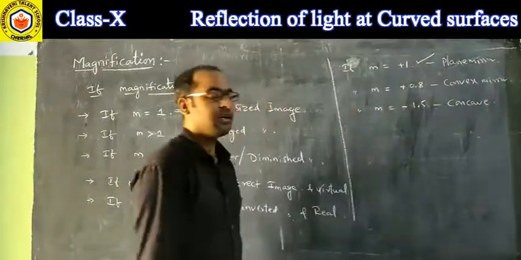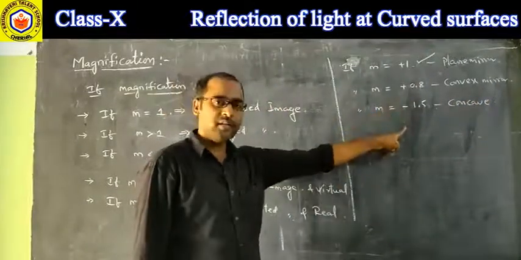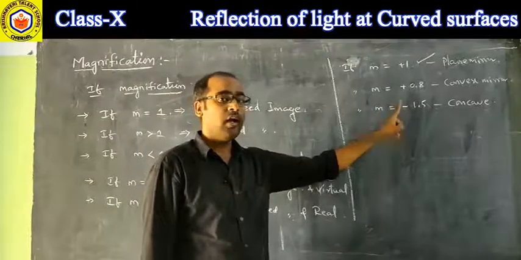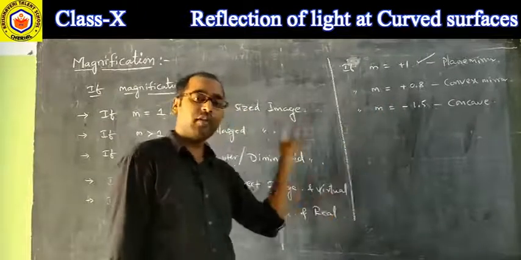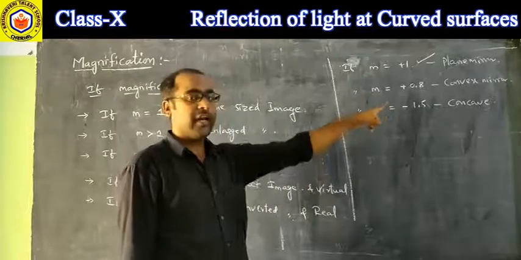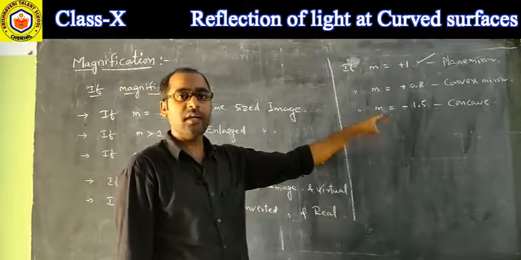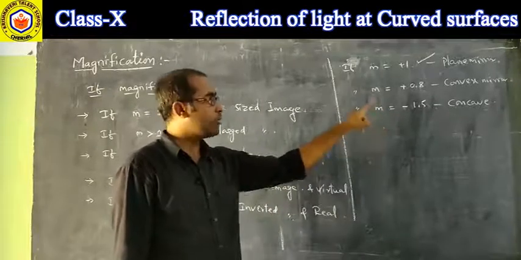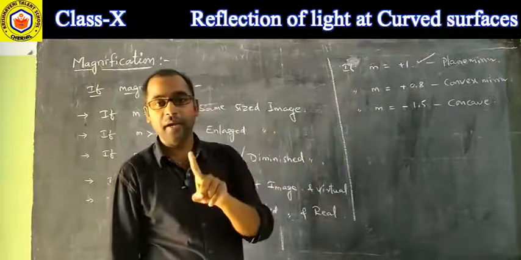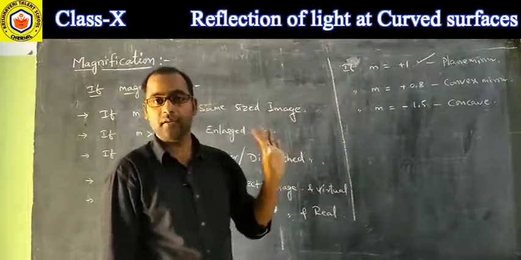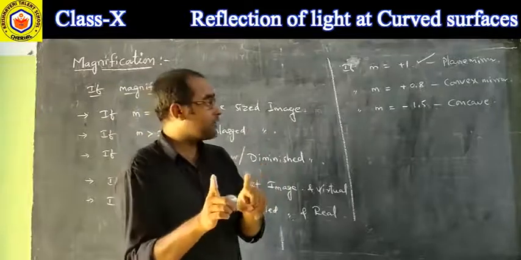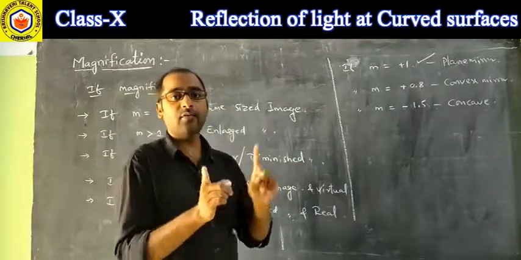So for a concave mirror, magnification is usually negative, but when you place the object in between P and F, it forms an erect image also. So an erect, virtual image can also be formed by a concave mirror. So it can have a magnification value positive as well as negative.